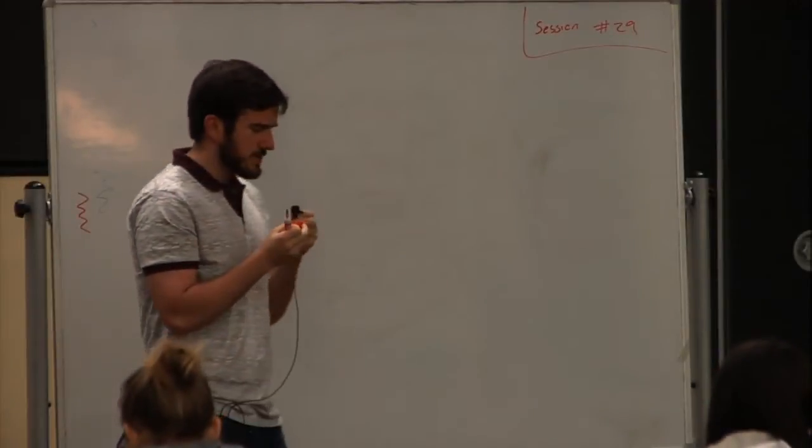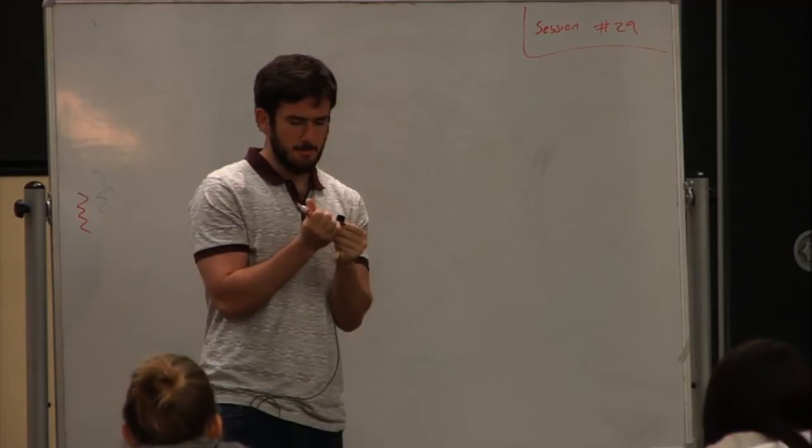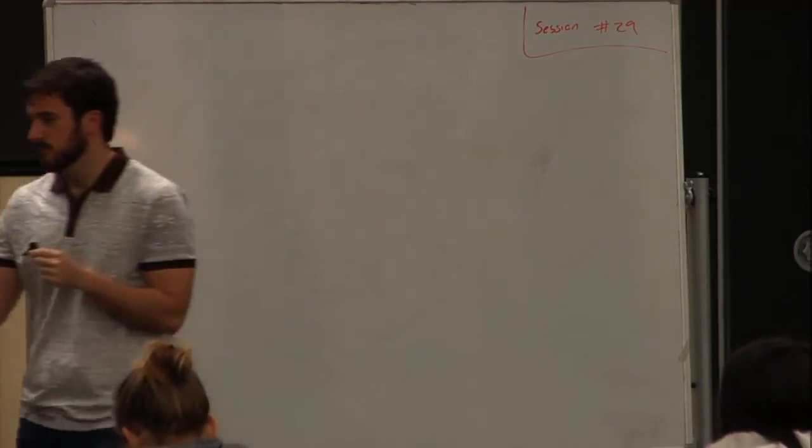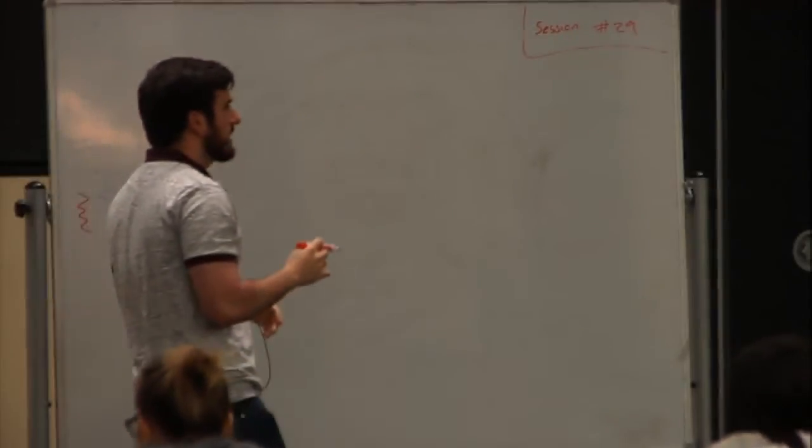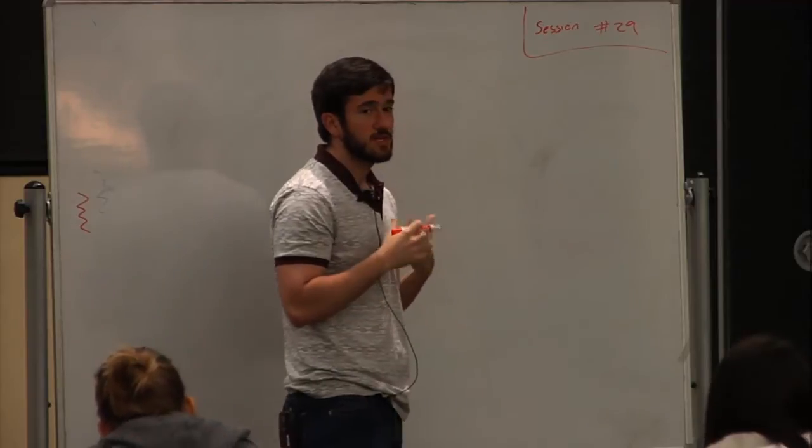All right, so what you guys just got done going over is torque and net torque and things like that. So I'm going to do a net torque problem for you guys.